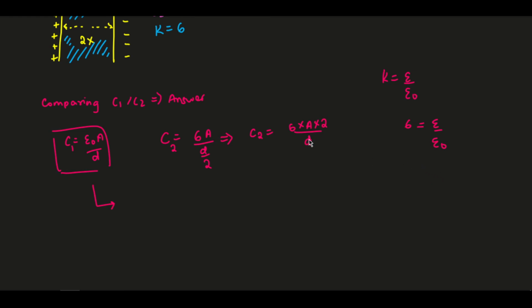In this case we would be able to equate it as 6 epsilon naught is equal to epsilon, and this would be the permittivity of the medium which we have here. All right, so now actually speaking this should be equal to epsilon naught, right? Because obviously it makes sense.